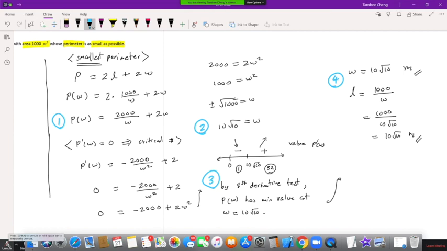A lot of times you will have difficulty in the beginning, which is writing the functions correctly. And notice the way that I started, I never start with one variable functions right away. You can always start from your objective.